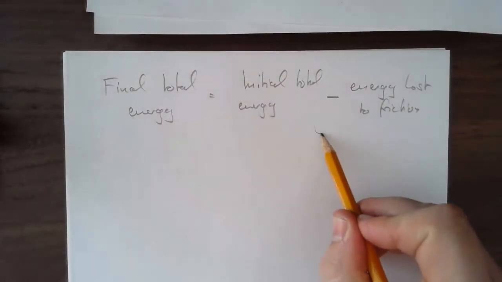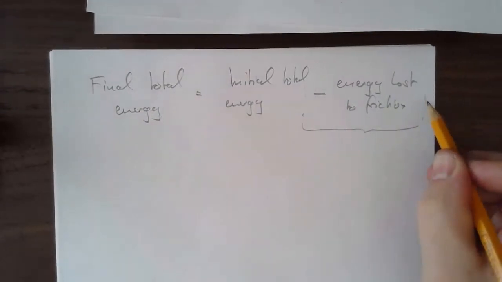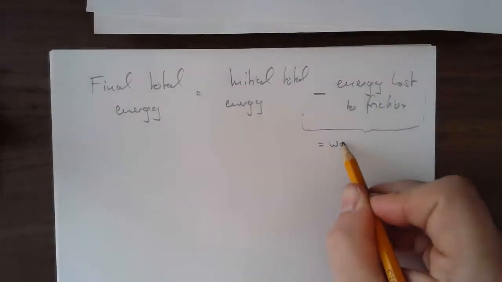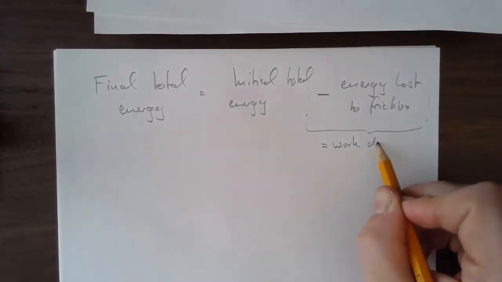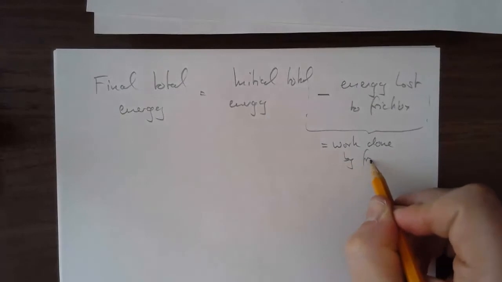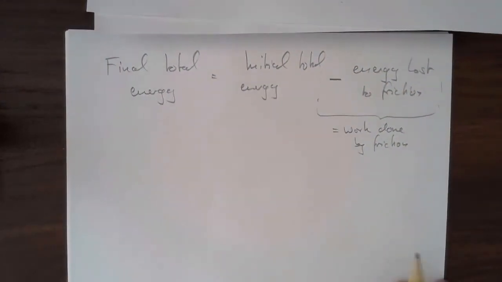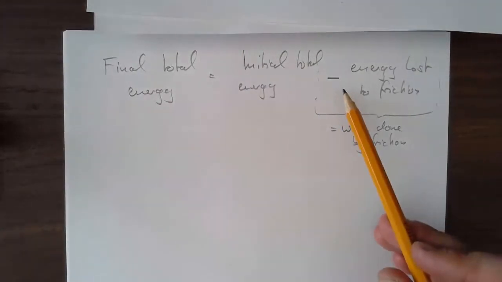So I could also write this, and that includes the minus sign, as the work done. So I'm adding the work done by friction to my total energy. But because it's negative, I'm really subtracting a certain amount of energy. You shouldn't get confused about the signs, right?